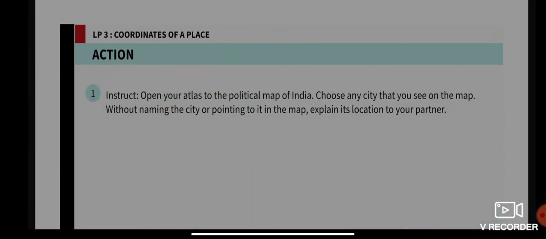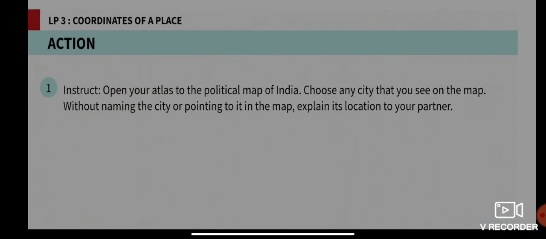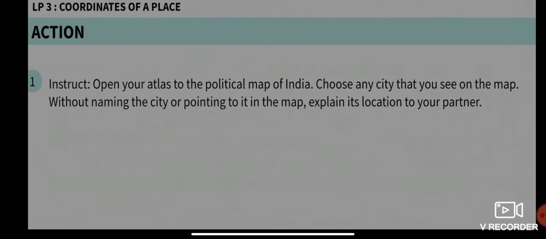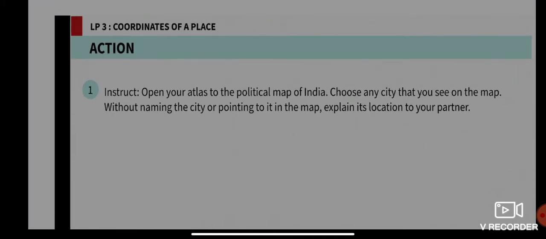I want all of you to open a political map of India and choose any city that you see on the map, without naming the city or pointing it out on the map. Explain its location to your partner. Since you'll be alone, you have to choose any city that you see on the map I will show you, without naming the city or pointing to it on the map.